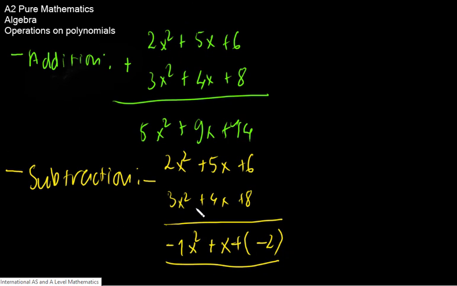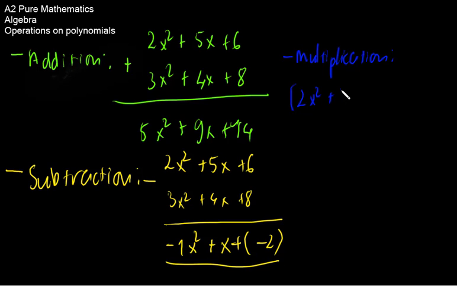Now there's two more, and one of them is multiplication. Let's just say we have two functions: 2x squared plus 5x plus 6 times something a bit smaller, x plus 2.